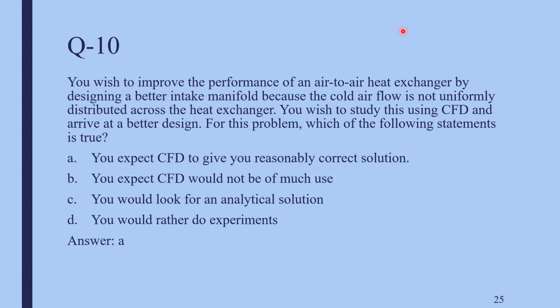In the present heat exchanger, cold airflow is not uniform. So we wish to study this using CFD and arrive at a better or improved design. So what are the statements? Option A: you expect CFD to give you a reasonably correct solution. Option B: you expect CFD would not be of much use. Option C: you would look for an analytical solution.